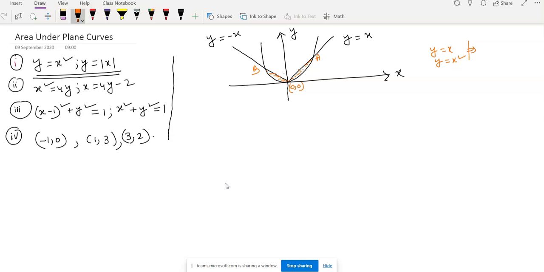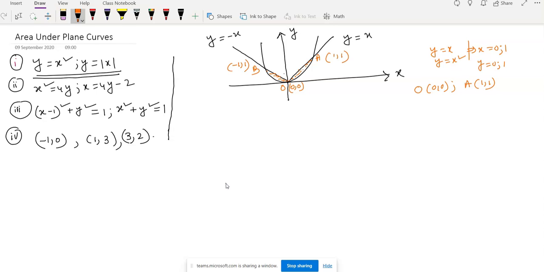When you solve these two, it gives us x equal to 0 and 1. So y equal to 0 and 1, the points of intersection are (0, 0) and (1, 1).